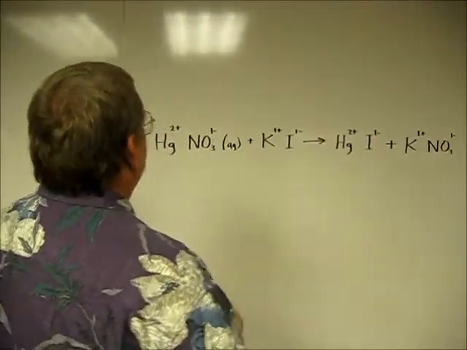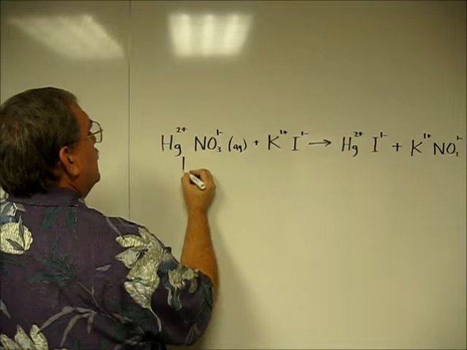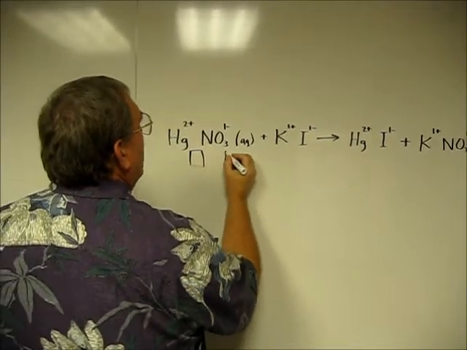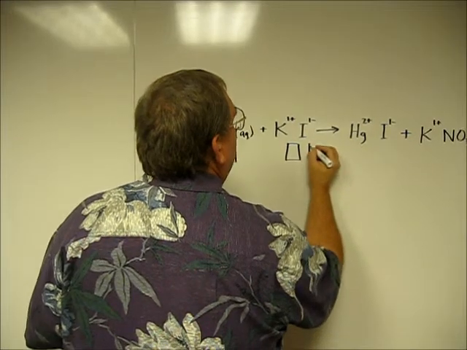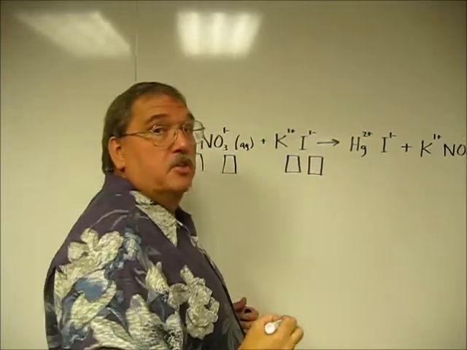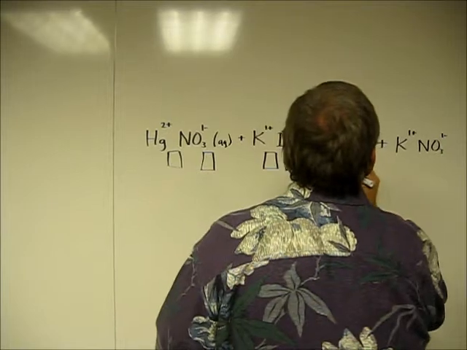Now, using a crisscross method, we can add boxes in here to do that crisscross. Find that helpful in keeping track of the charges and balancing them.